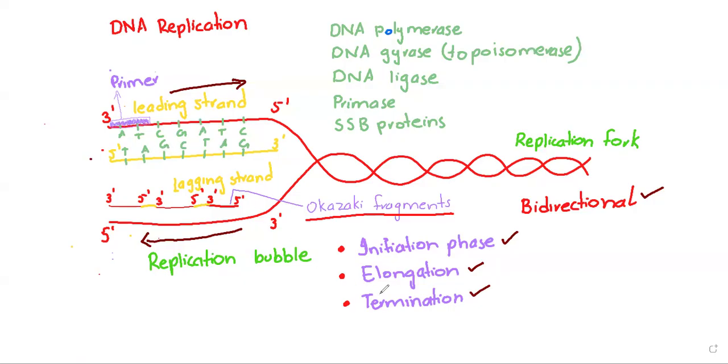In the termination phase, the new daughter strand is formed, and the process ends. Actually, it is a continuous process. We divided it into three phases only for our own convenience.